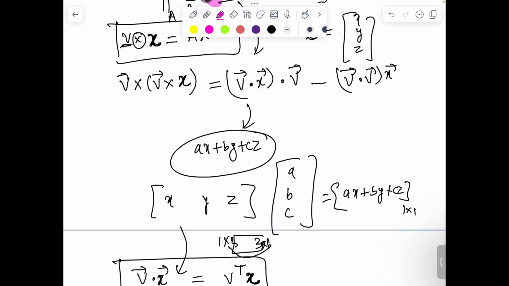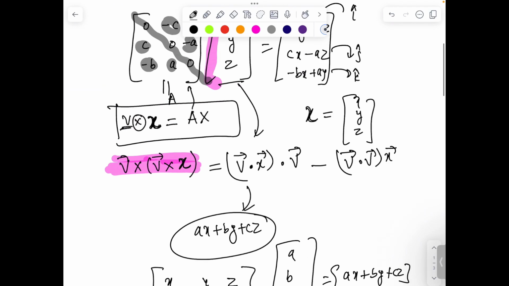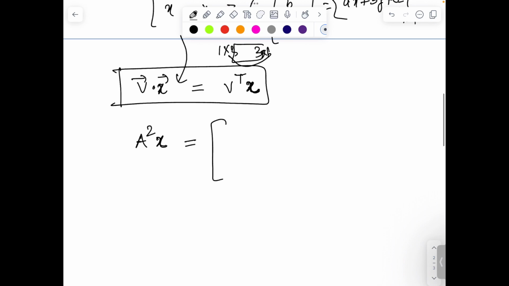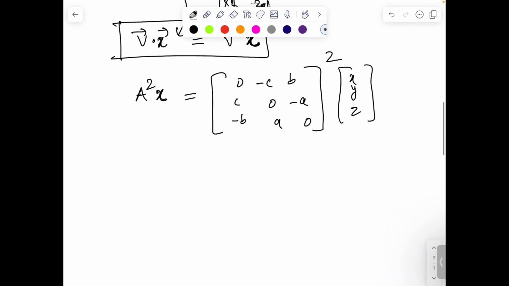Using both these ideas, we can now even represent the triple cross product in the language of matrices, and that will simply be A square times x. So if I take A square, we have 0, minus c, b; c, 0, minus a; minus b, a, 0. You take its square and then multiply with the column vector (x, y, z).